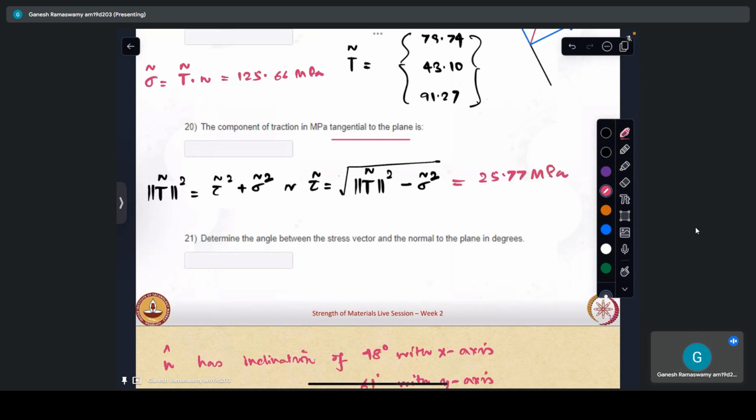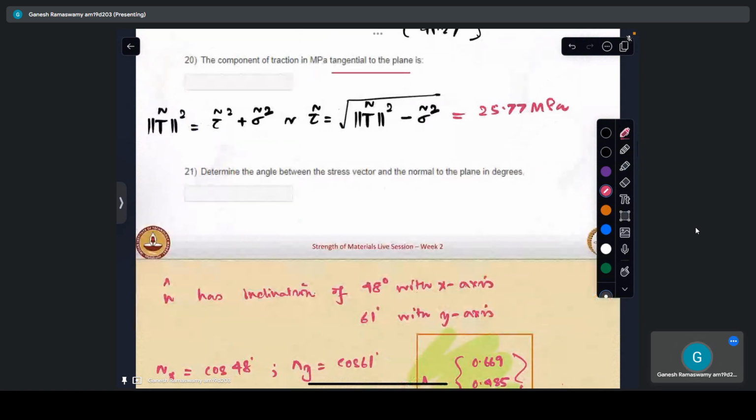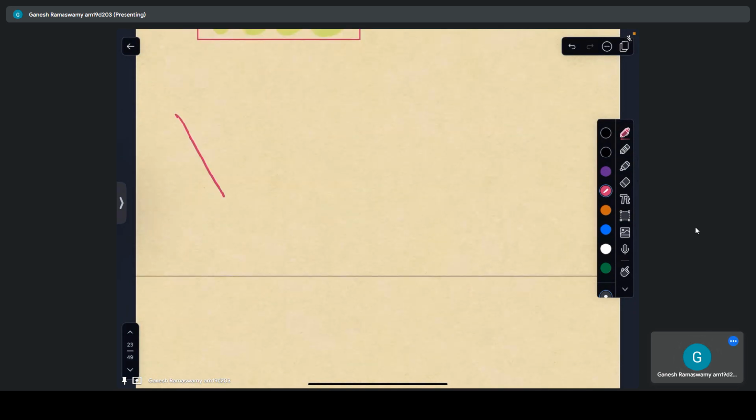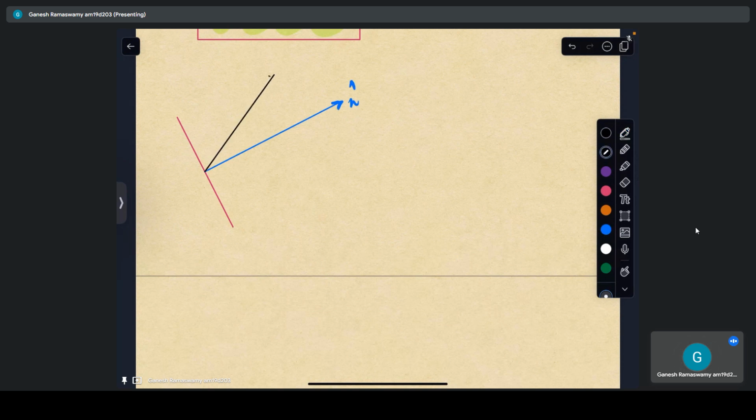Now the last question asks, determine the angle between the stress vector and the normal to the plane. So what are we looking at here? So we have the plane like that. We have the normal like this, and then we have the traction on that plane.